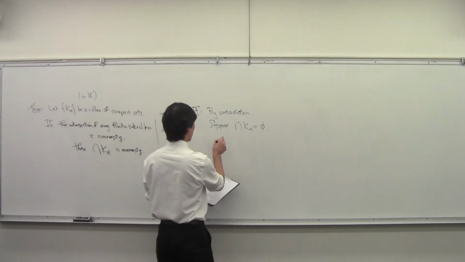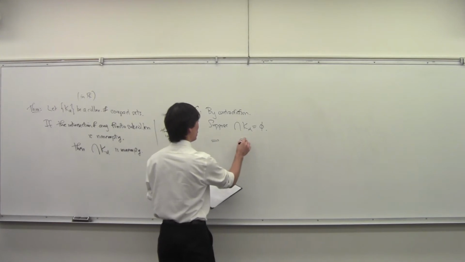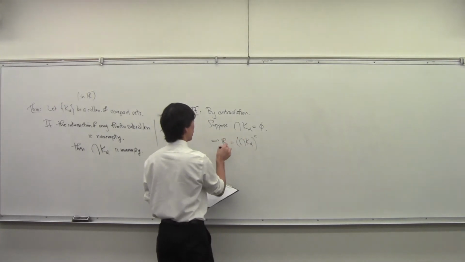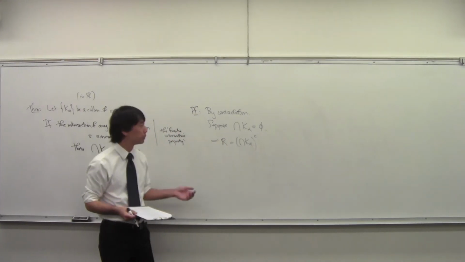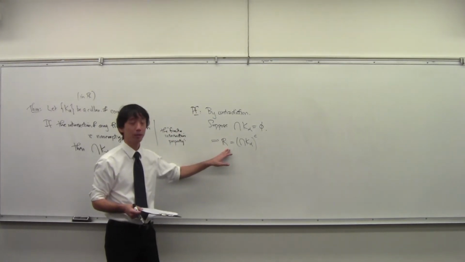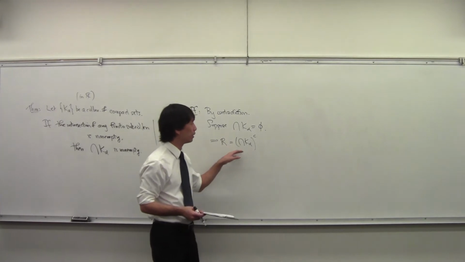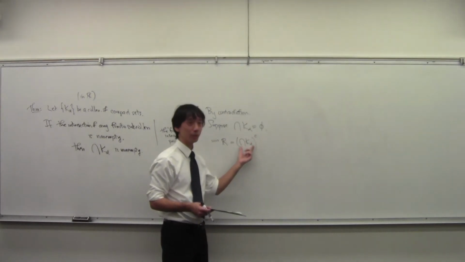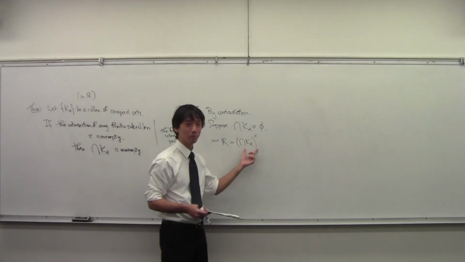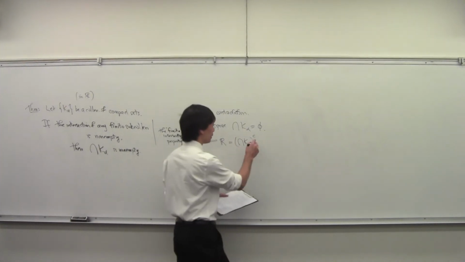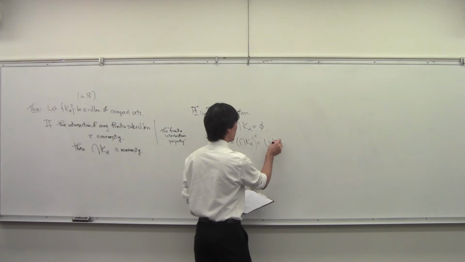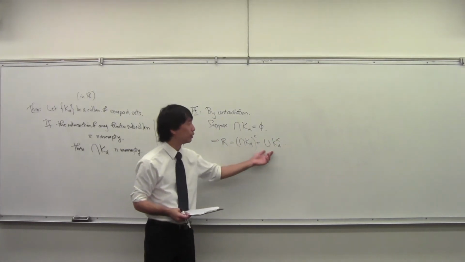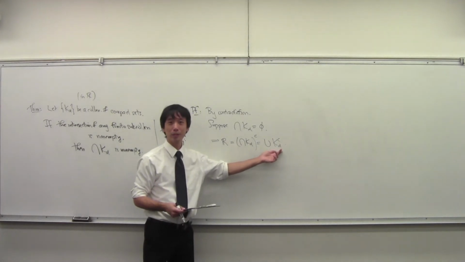In that case, if you take the complement, you're going to get R, the whole space. But by De Morgan's laws, the complement of an intersection is the union of the complements. So R equals the union of the complements of the sets.